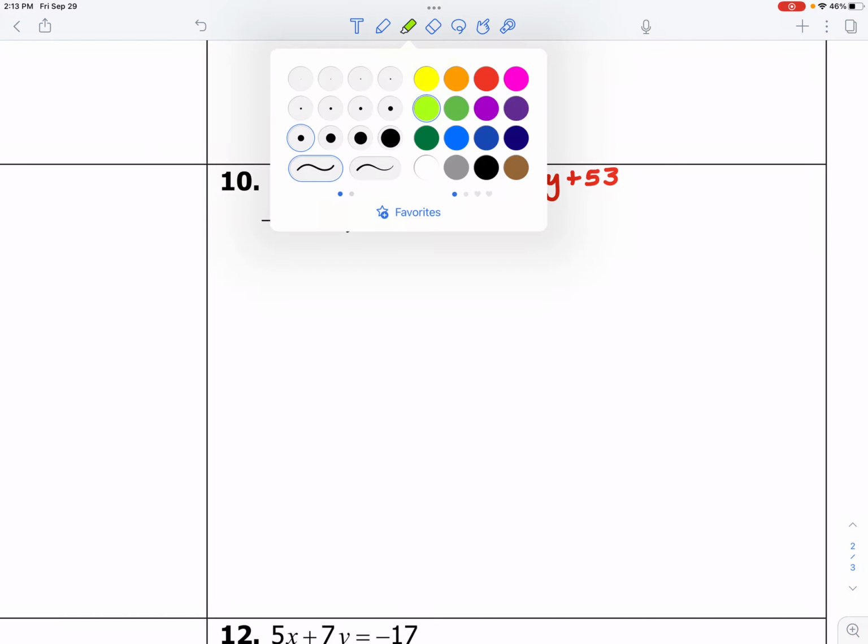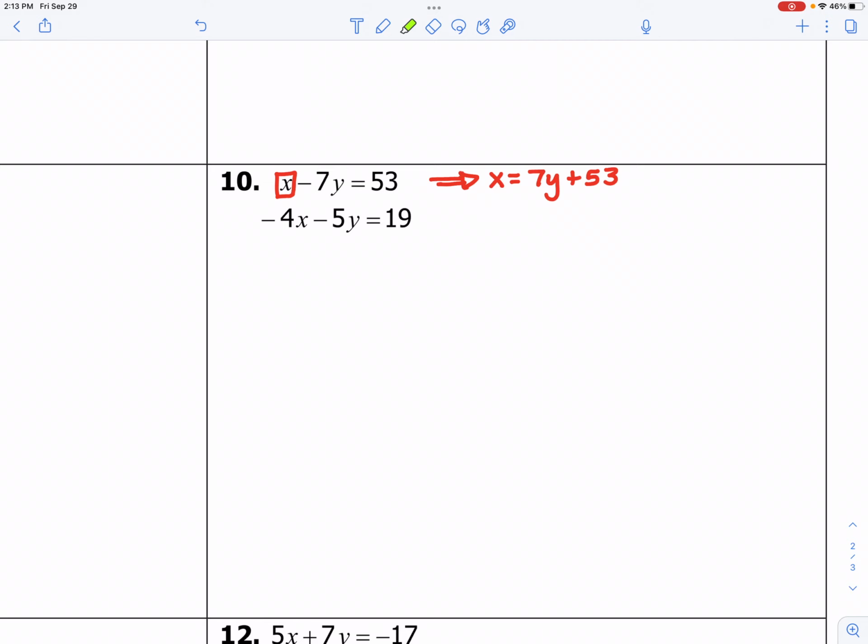So what I'm going to substitute here is this 7y plus 53 into the x of the second equation. So negative 4, and again parentheses because we're substituting, 7y plus 53 minus 5y equals 19. And now distribute, solve. We get negative 28y minus 212 minus 5y equals 19.